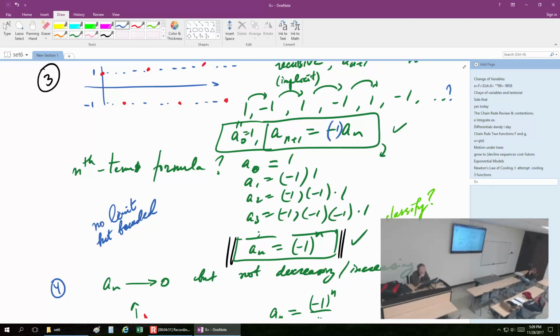What if I multiply by 2? Double, double, double, double. What kind of sequence is that? Exponential, or better, the word exponential is more applicable to functions.